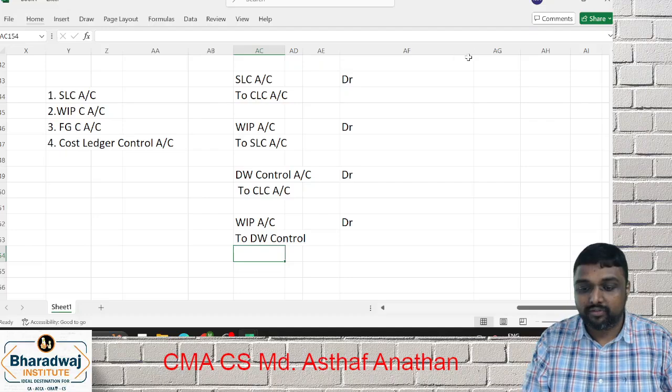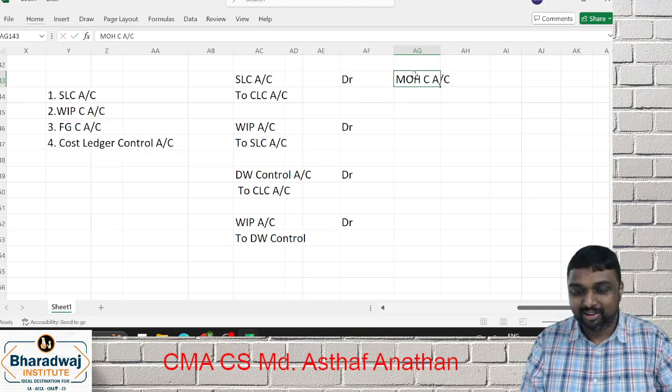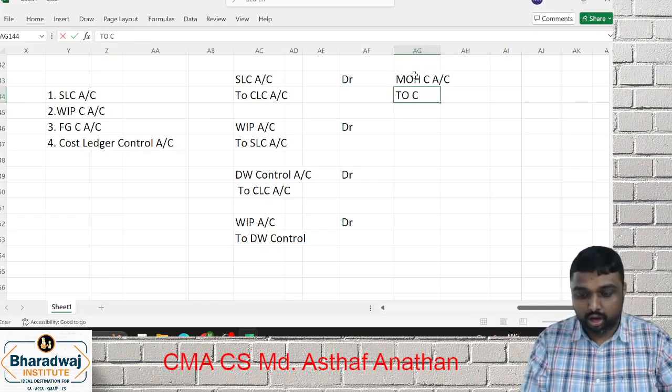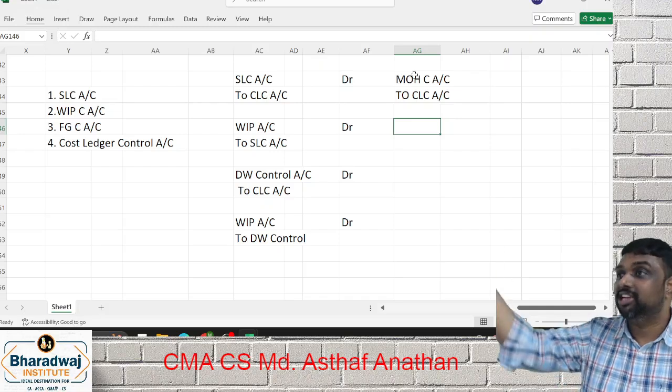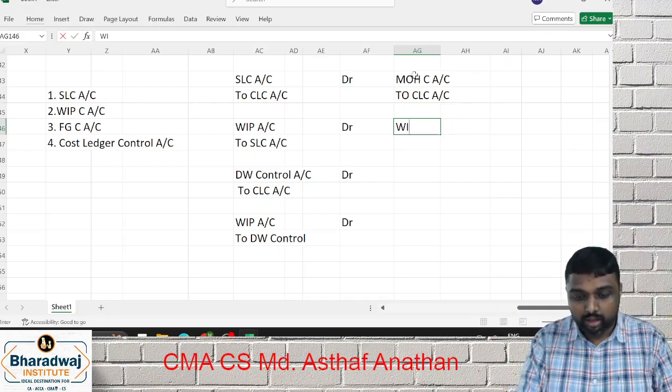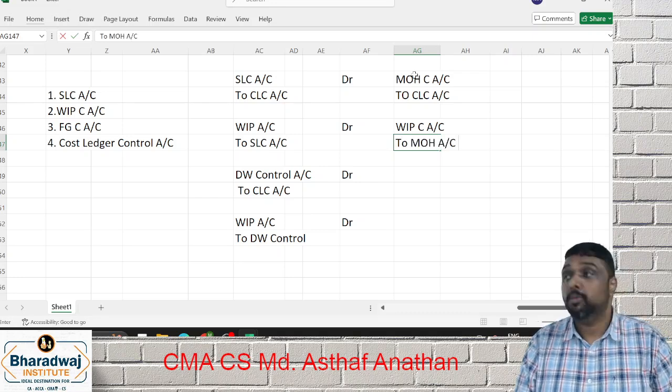What is the entry for manufacturing overhead paid? Manufacturing overhead control account to cost ledger control. Next, you paid for what purpose? Production. So the entry will be work in progress control account to manufacturing overhead.